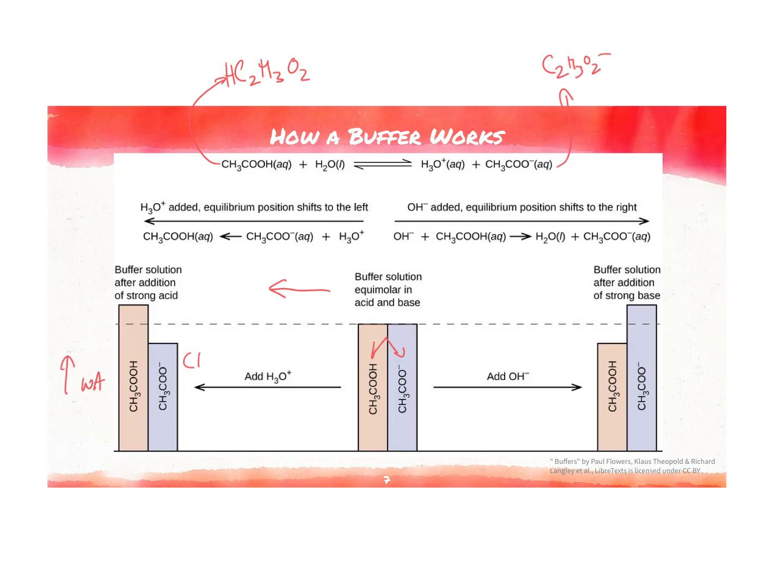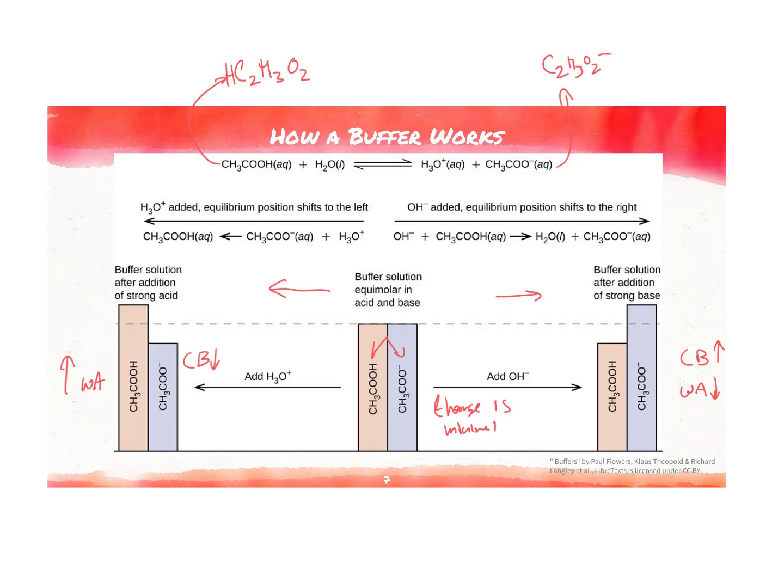The conjugate base goes down a little bit, but not by that much. And the exact opposite is true if I add OH minus. The conjugate base will go up, and the weak acid will go down, but the change is minimal. And so it's going to resist changes in pH as a result of that.